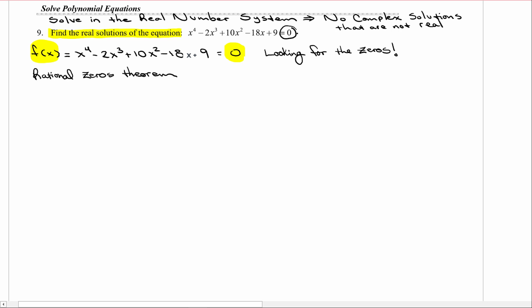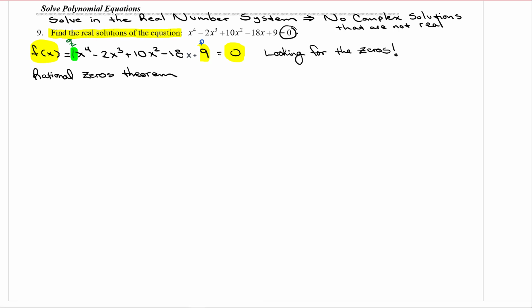All right, let's turn to the rational zeros theorem, because this is a function that's got 5 terms in the polynomial, and I don't know how to factor a polynomial with 5 terms. So we're going to have to break it down another way, and the rational zeros theorem helps us do that. So once again, we're going to find all the factors of a sub n, that's going to be represented by our q here.